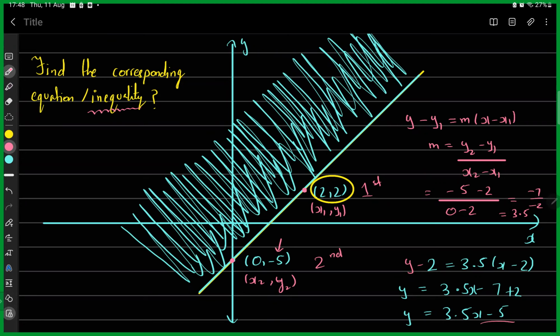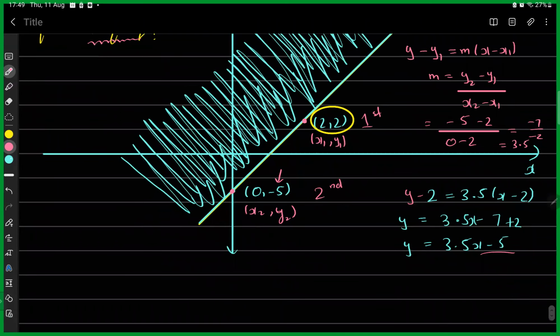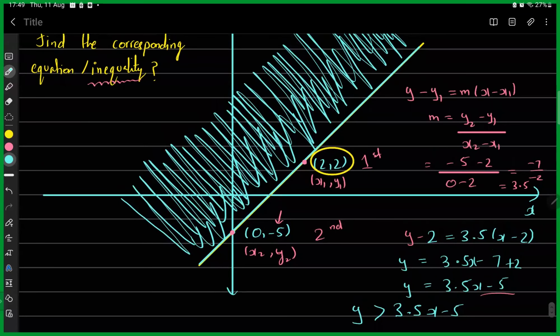Now think about it. This is your line and you have everything above the line, right? So this means that it is basically going to be an inequality, y greater than 3.5x minus 5, because it is above the line. Next question is if it should be greater than or greater than equal to.